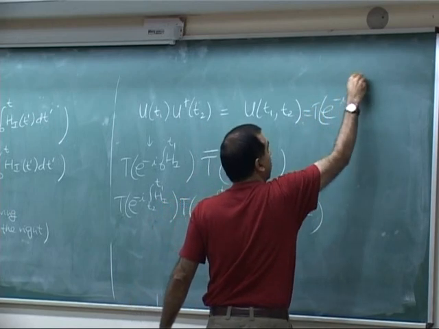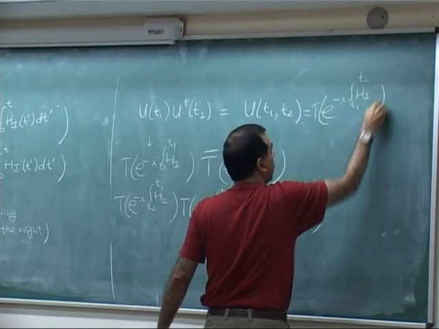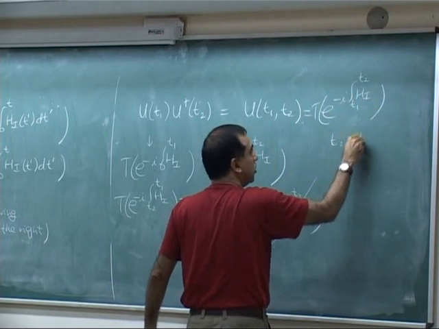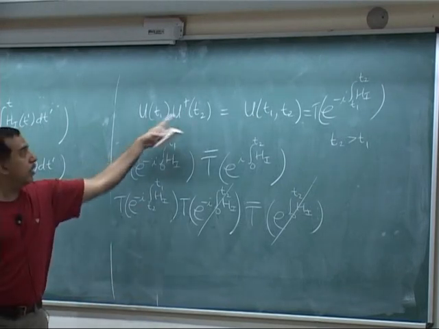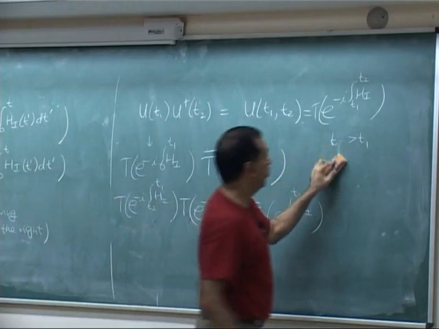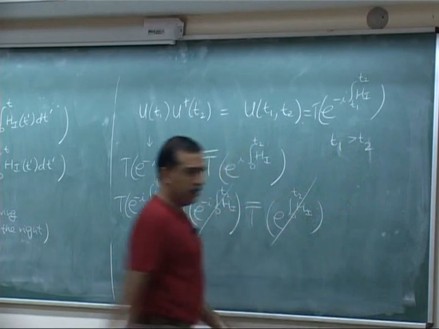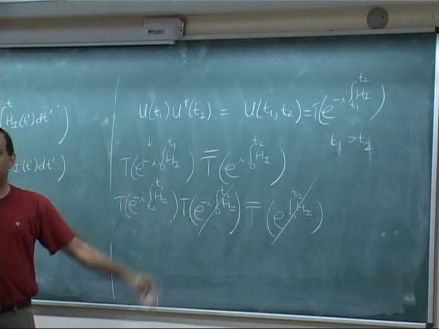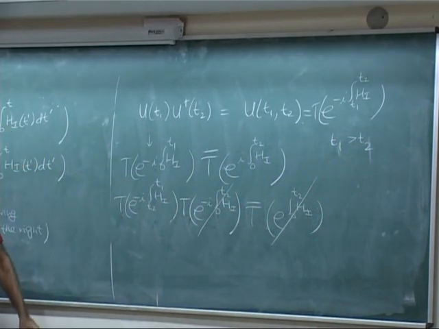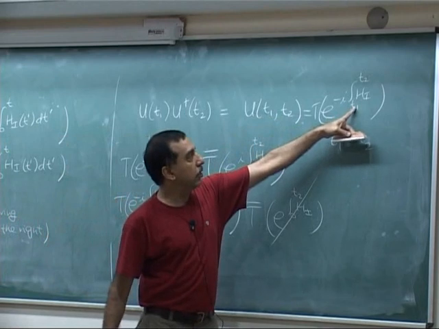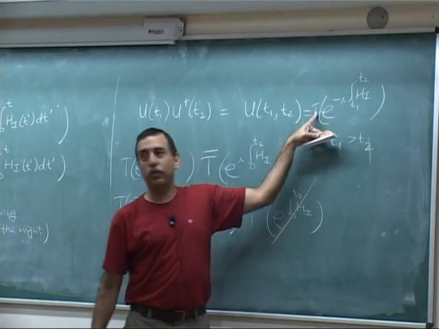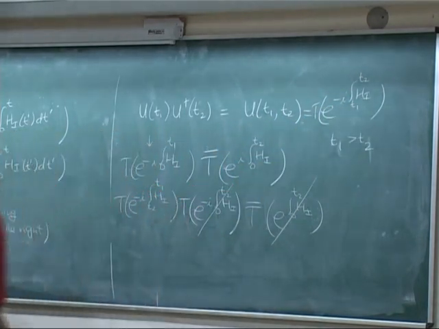It is the time ordered exponential of the integral from t2 to t1 of H_I. But remember, this is only true for t1 greater than t2. If t1 was less than t2, then this manipulation would fail. So this is a very useful relation, that there is a u with two arguments, which is the exponential integral from t2 to t1 time ordered. Okay.